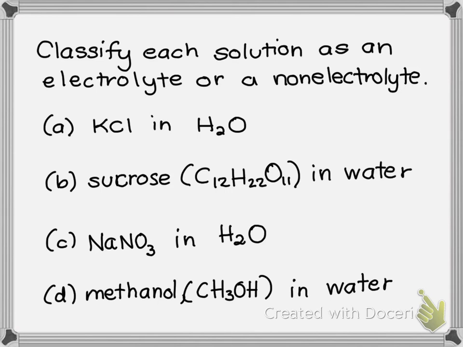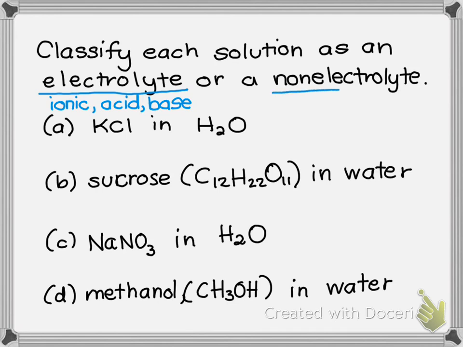Now let's try to look at the definitions for electrolytes and non-electrolytes. So electrolytes conduct electricity, and the reason they conduct electricity is because they contain ions, and they can be ionic compounds, acids, and bases. Now at this point in the course, we have not discussed acids and bases yet, so we'll look at those in the next chapter.